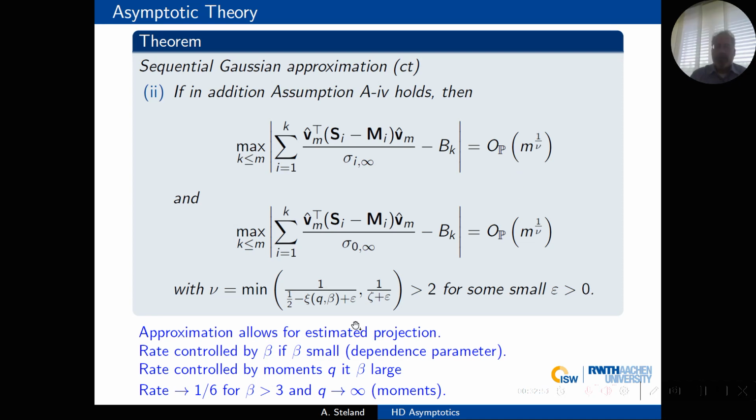To summarize, the approximation rate is controlled by beta, the dependence parameter, if beta is small. The rate is controlled by the moments q if beta is large. And the best rate we can achieve here is 1 over 6. This is achieved for the case that beta is bigger than 3 and the moments tend to infinity.